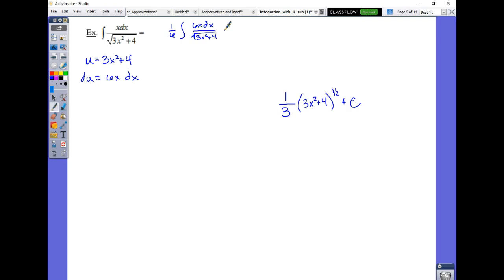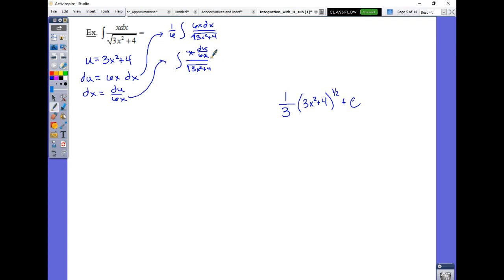If you did it the other way, you called dx equal to du over 6x, so you had the integral of x times du over 6x over the square root of 3x squared plus 4, and you canceled out your x's.